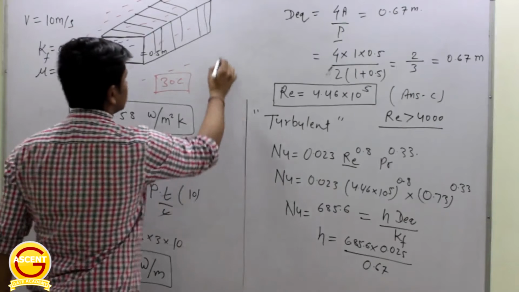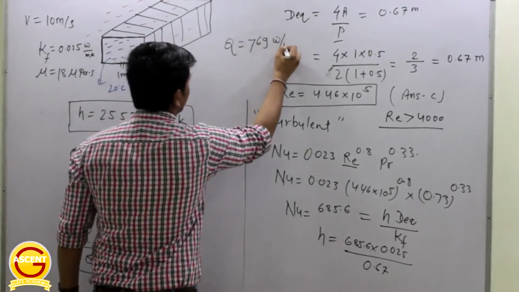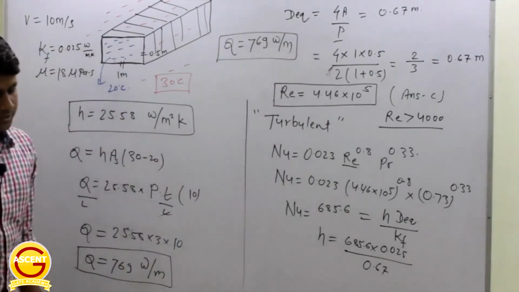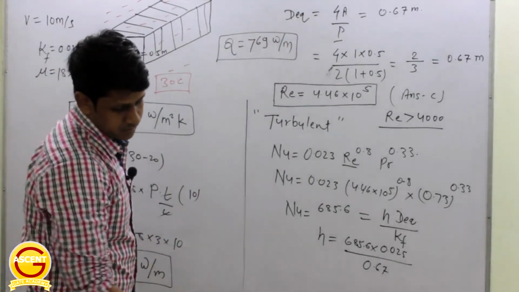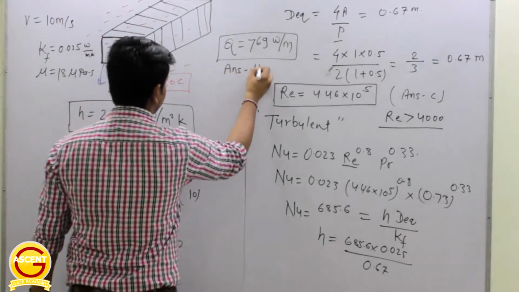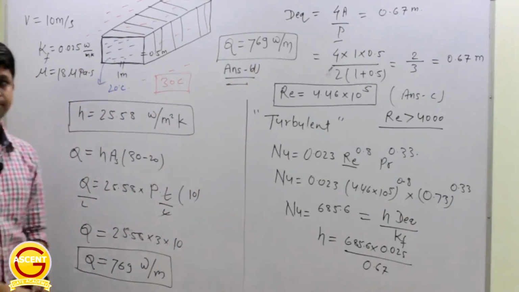So I am writing here also, this Q value finally you will get as 769 watt per meter. Okay, so which option is matching? The D. So answer will be D, right? So this is how we solve the problems of convection.